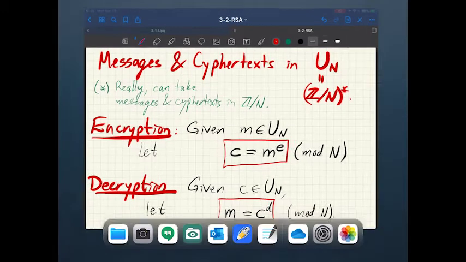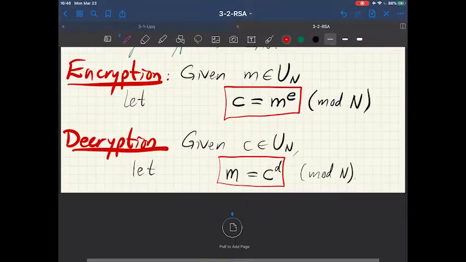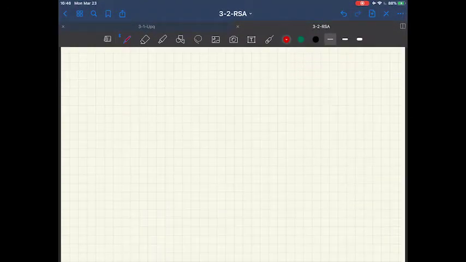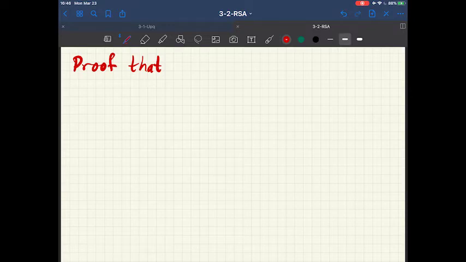So let's prove this. Proof that this operation, the decryption, works.